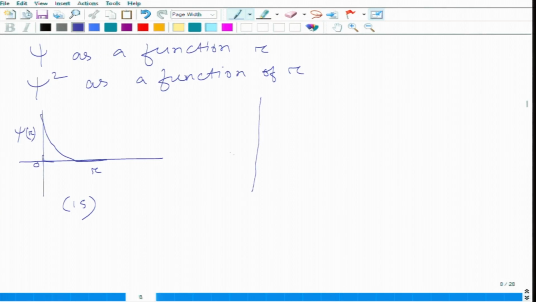Now if we plot the probability density, psi square as a function of r, then it is like this. Okay, this is the plot for 1s. Now these lines will not actually become 0, it will continue like this. So these are the plots for 1s.